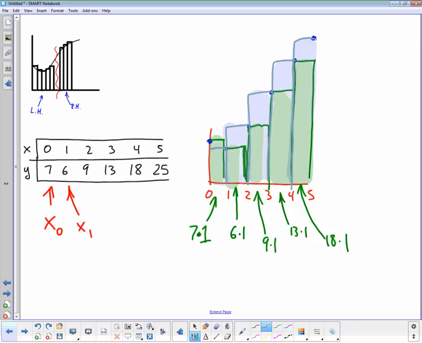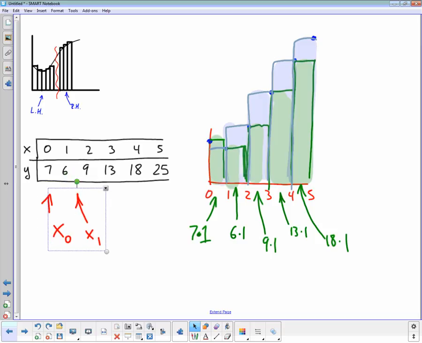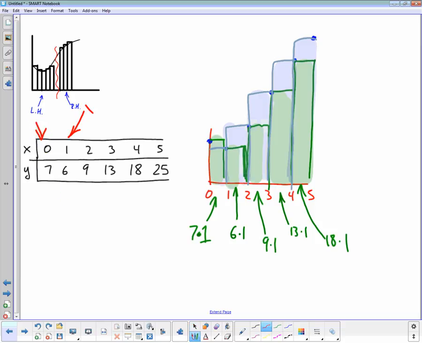It's the iterator, basically the second axis. It's the zeroth, the first, the second, third, so on and so forth.